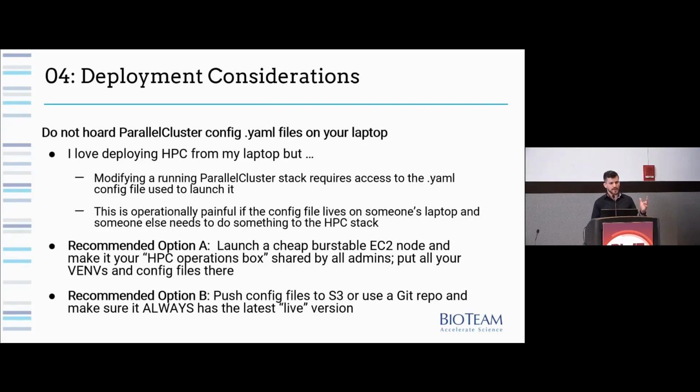Also, you could have a little EC2 node that's like your command and control node for clusters. That can be just a micro instance, your HPC operations node, and it can launch a bunch of clusters and maybe all the config files live there. There are lots of ways to do this, and flexibility is great. Again, I would say S3 or a Git repo would also be a great way to handle config files.